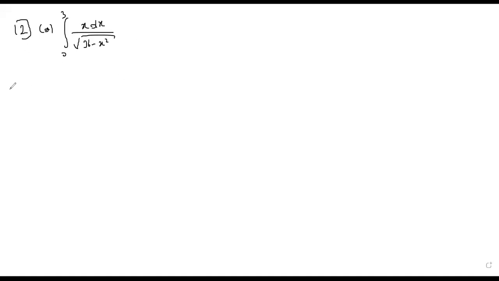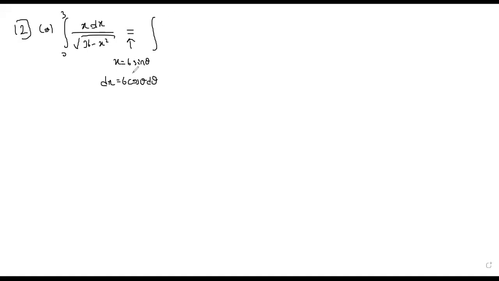If you use that table, you will see that you need to do the substitution. So we will call x equal to 6 sine theta, right? Then dx is equal to 6 cosine theta d theta, right?